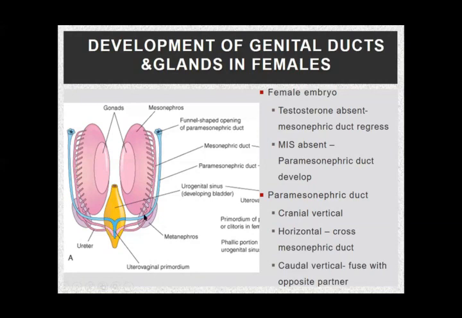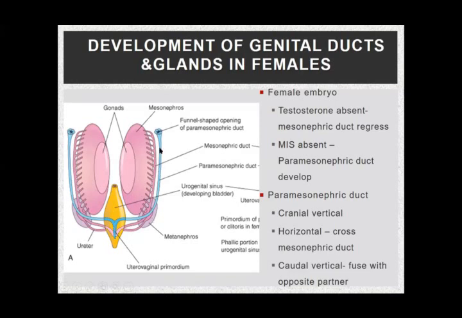And then it has a third part, the caudalmost part. This caudalmost part runs downwards and medially. It joins the paramesonephric duct of the opposite side, and the two ducts in the midline fuse with each other. These are the two fused paramesonephric ducts.